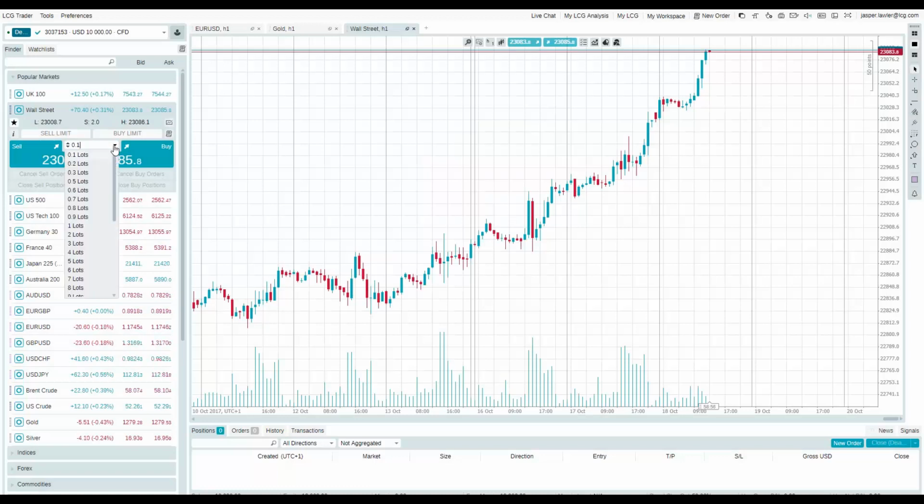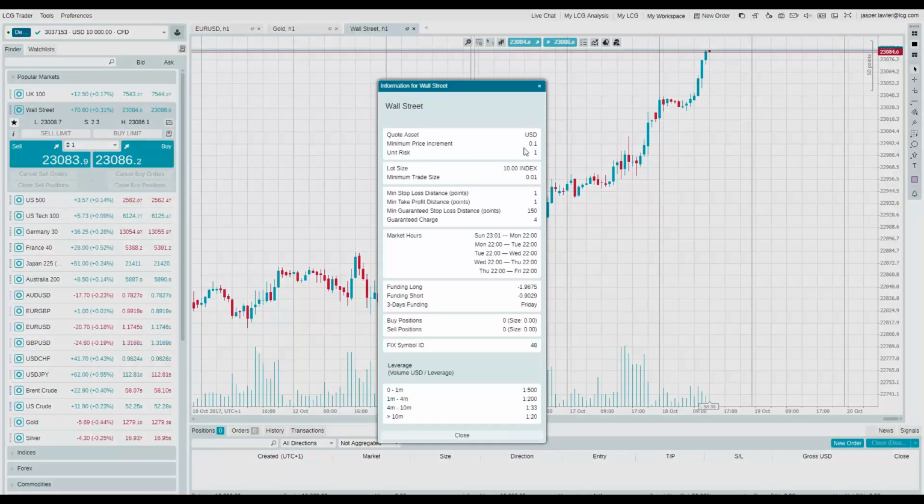So if we change it here to one lot, we're now buying or selling a contract worth $230,000. If you've got your account based in dollars and you're trading Wall Street, and if I go back to the information tab, remember that this is quoted in US dollars, then no extra thought process is needed.